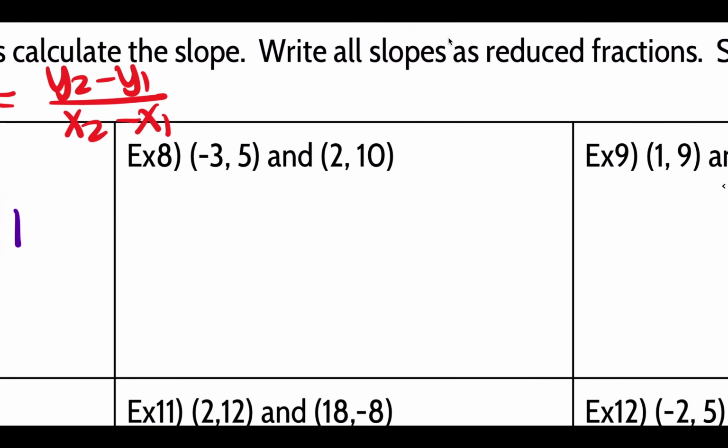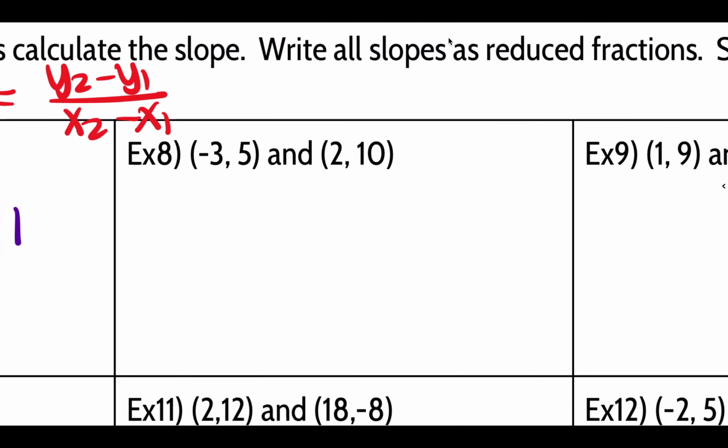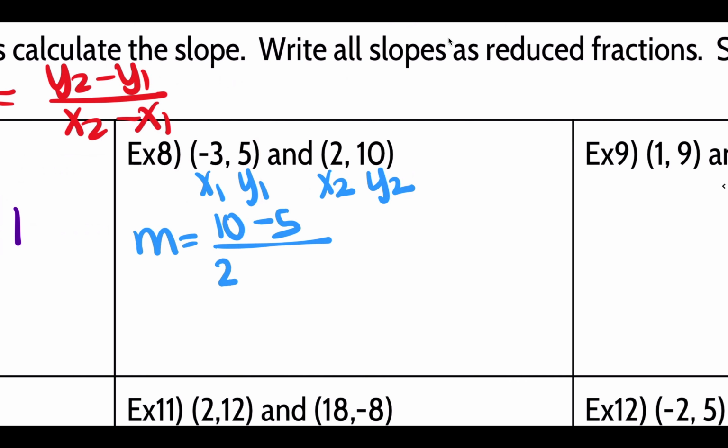Number 8, again, first thing is go ahead and label these points, x1, y1, x2, y2. See how each point has an x and a y? The 1s are together at one point, 2s are together at the next point. So our m equals 10 minus 5 over 2 minus negative 3.